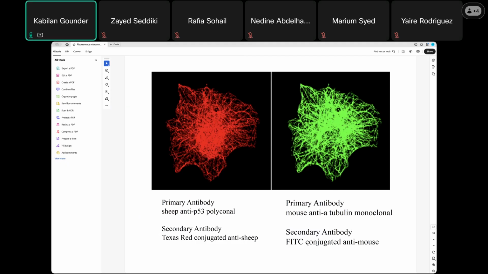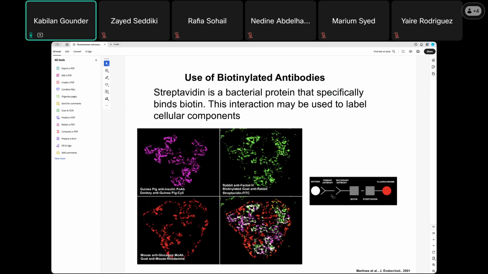So the fluorophore you use determines the fluorescence color you see. Here you use Texas red, whereas here you use FITC, and you can see a different green color.